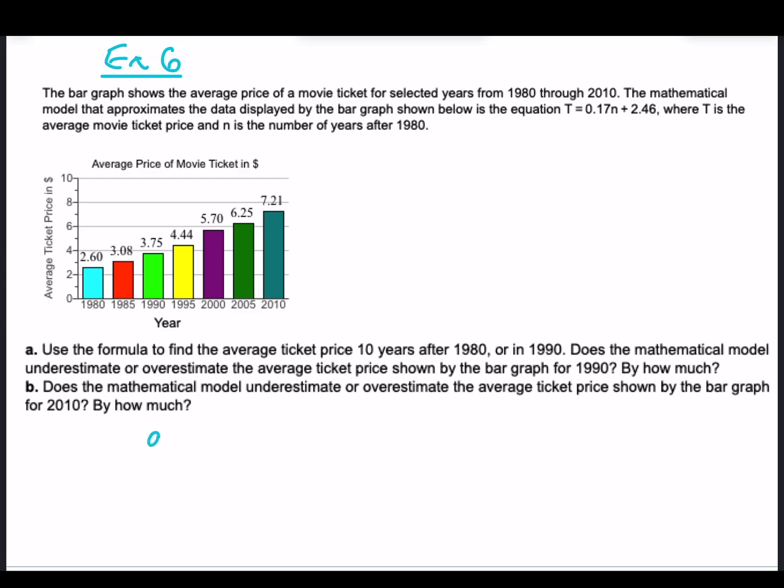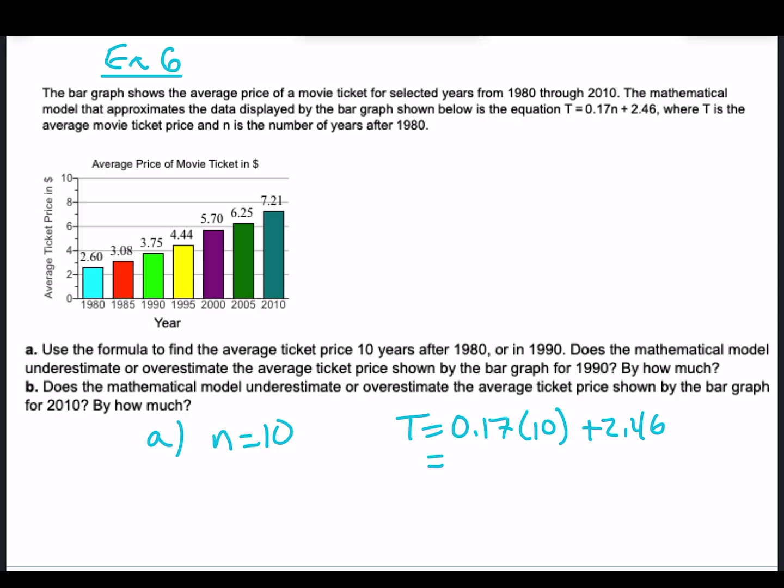So for part A, we know that our n, which is the number of years after 1980, is 10. So n equals 10. So if we use the model from this equation, we can say that t is equal to 0.17 times 10 plus 2.46. So let's see what that estimate gives us.